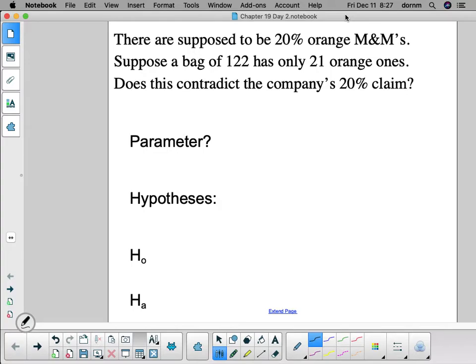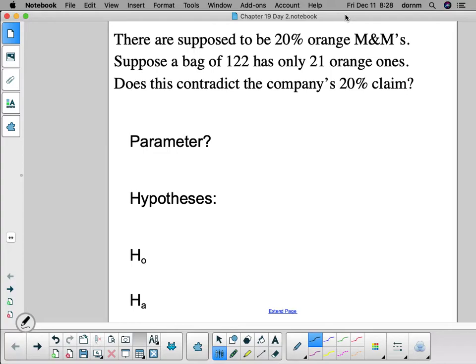So I need to make that parameter? So this is like your initial statement. What is it you're looking for? Basically you're restating the problem in your own words. So I pose it as a question or as a statement? As a question. Okay. Does the company have 20% of orange M&Ms in a bag?